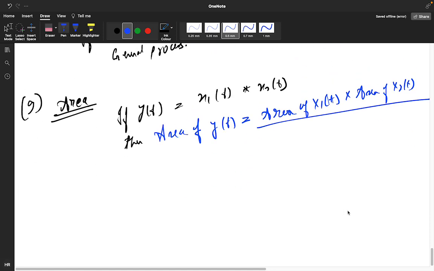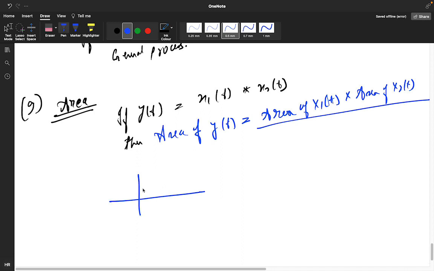For example, suppose you have x1 of t like this, 0, 4, 2, and you have x2 of t like this, minus 1, 1, 2, this is 4.